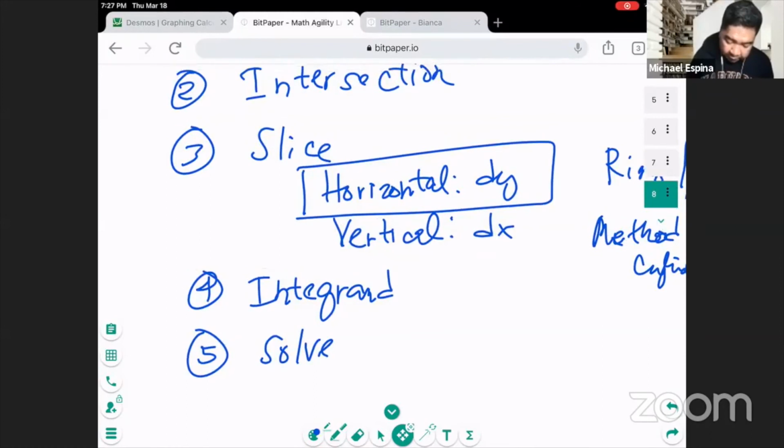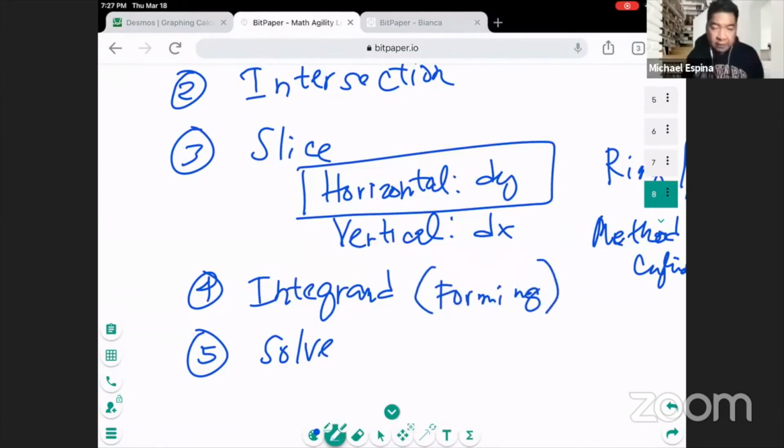So this is forming the integrand, and then solving it. Okay, so what's the next question?